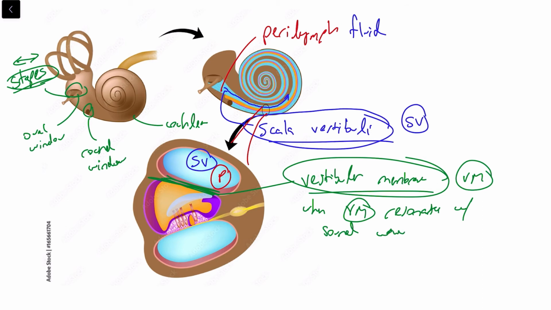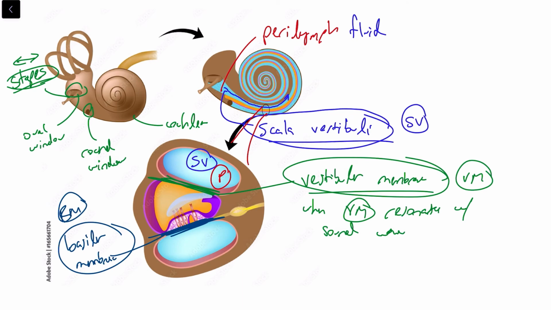When this happens, the basilar membrane, which is this right here, is also going to start vibrating. And it's going to be vibrating at a slightly different pitch than the vestibular membrane is at.